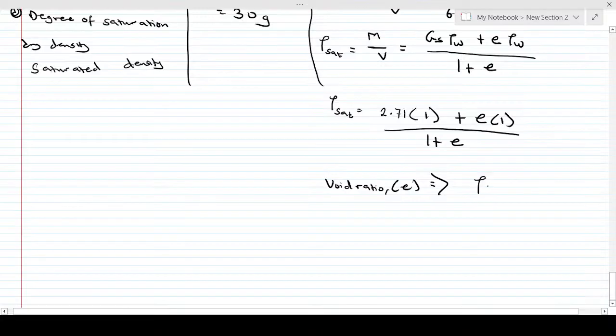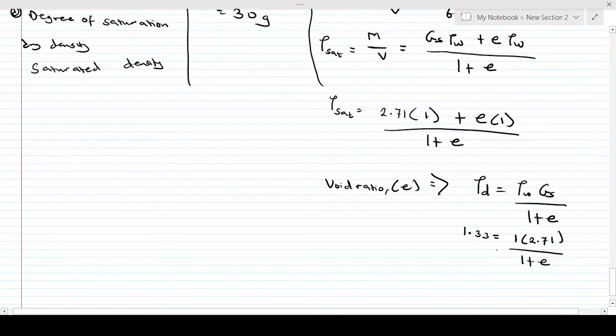I know that dry density is equal to the density of water multiplying the specific gravity all over 1 plus E. When I calculated my dry density, I had 1.33. And this should be equal to the density of water 1 times the specific gravity 2.71, all divided by 1 plus E.